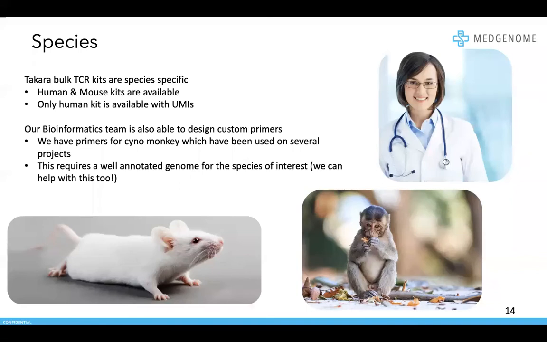I think we've used them with other types of monkeys as well, but the point is that this is certainly useful to a lot of labs who don't use human or mouse as their model organisms. Even if they're using something else besides monkey, it's possible that Kushal or his team can design primers to amplify the TCR chains in these samples.